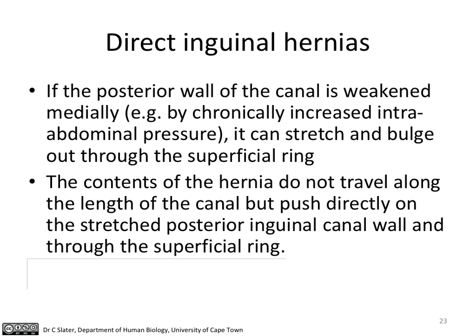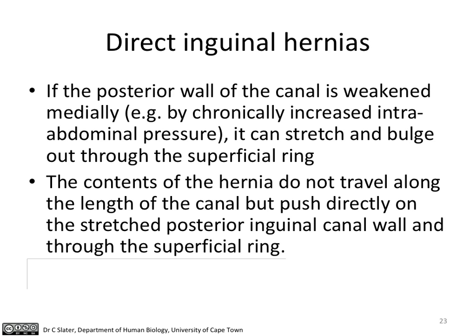The abdominal contents thus push forward on the stretched or weakened conjoint tendon and meet little resistance from the anterior abdominal wall or the anterior inguinal canal wall because of the presence of the superficial inguinal ring.